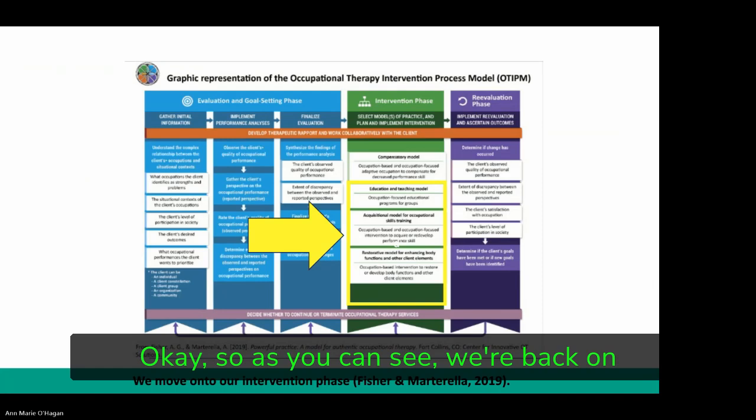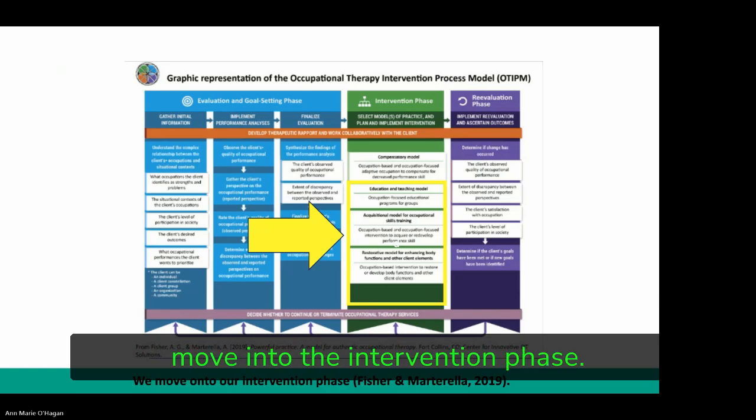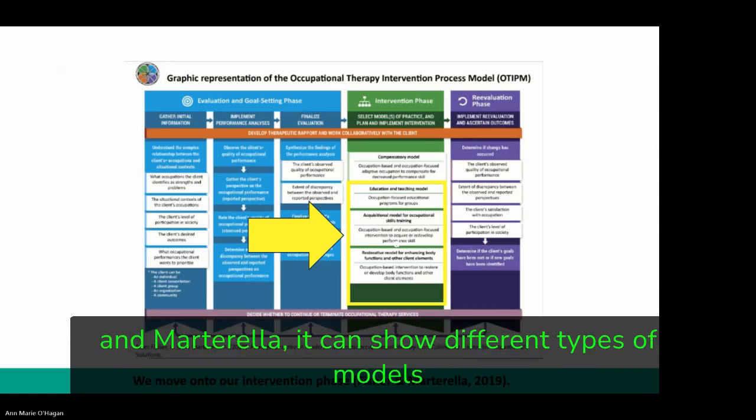Okay, so as you can see, we're back on the occupational therapy intervention process model, or the OTIPM, and we're now going to move into the intervention phase. This intervention phase is highlighted in green, if some of you are familiar with the Fisher and Martorella.